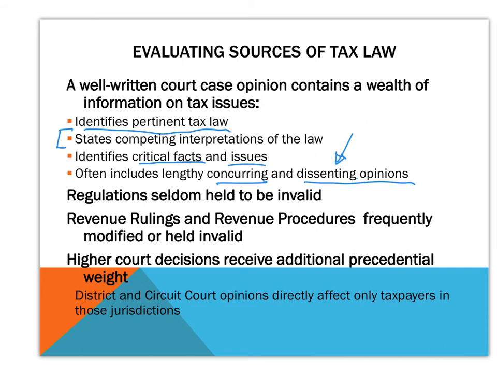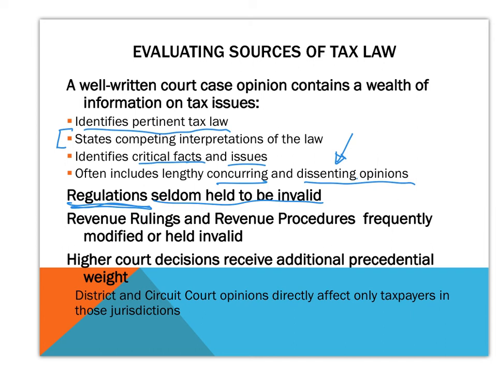A couple of things that it's important to know. Regulations. So when we talk about regulations, we're talking about Treasury regulations, okay? So those are referenced in chapters 3, 4, and 5, right? So Treasury regulations are seldom held to be invalid, all right? So when we talk about citing things, which we will talk about, you don't have to worry about regulations so much, okay?